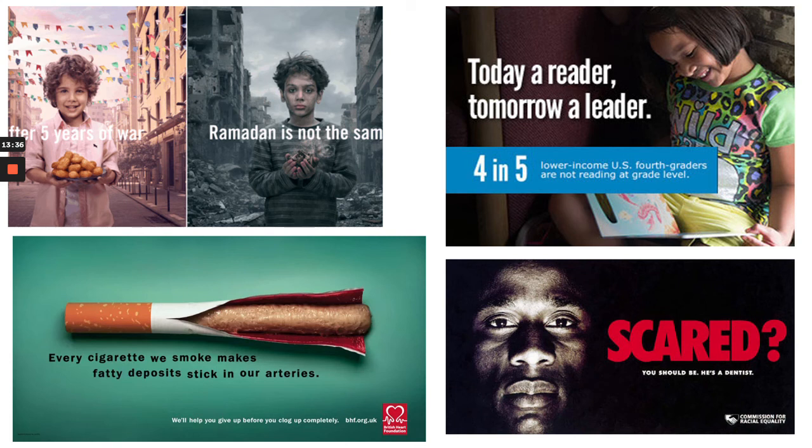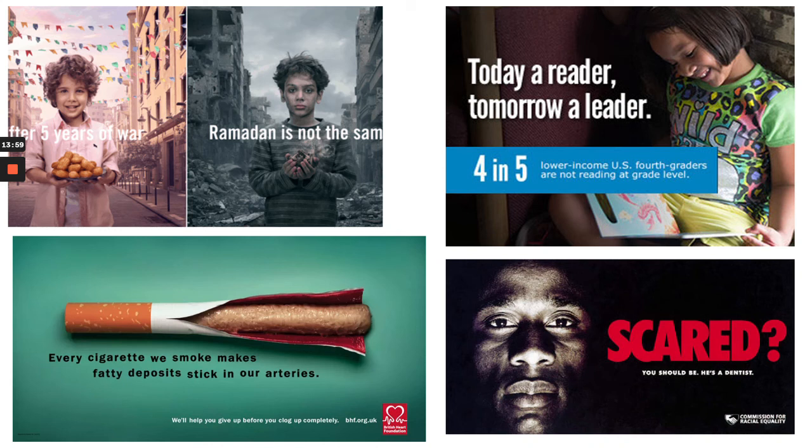So it's a little bit of a tongue-in-cheek campaign, but it helps you understand the seriousness of racism, and the reason you should be scared of this man is because he's a dentist and not because of the colour of his skin. So those are some examples of real life campaigns. If you've got any more questions about the campaign, please ask your teachers.